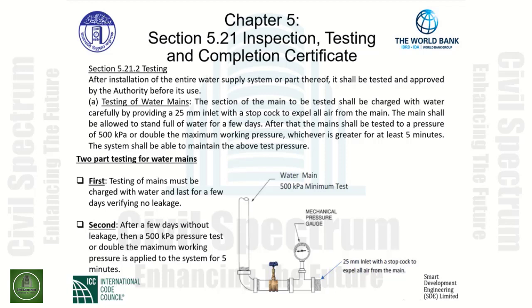The section of the main to be tested shall be charged with water, carefully by providing a 25 millimeter inlet with a stopcock to expel all air from the main. The main shall be allowed to stand full of water for a few days.